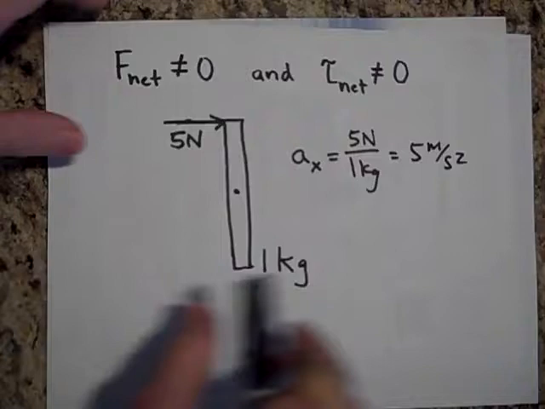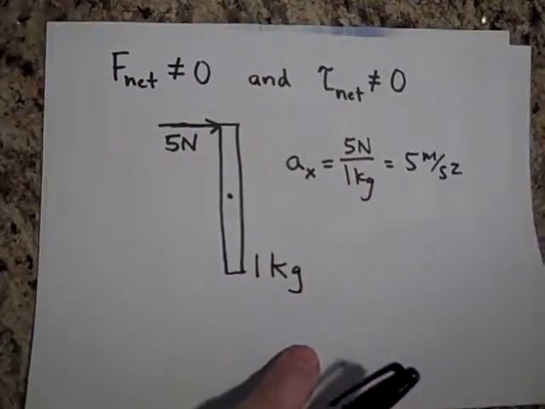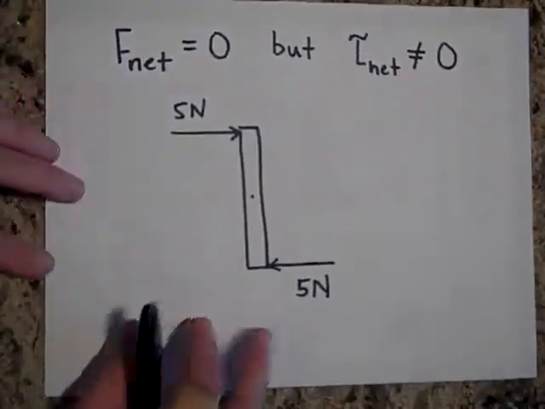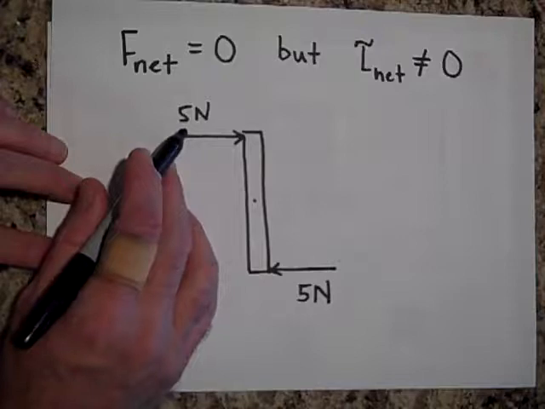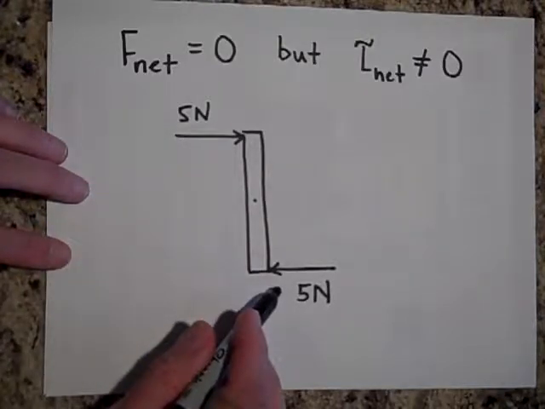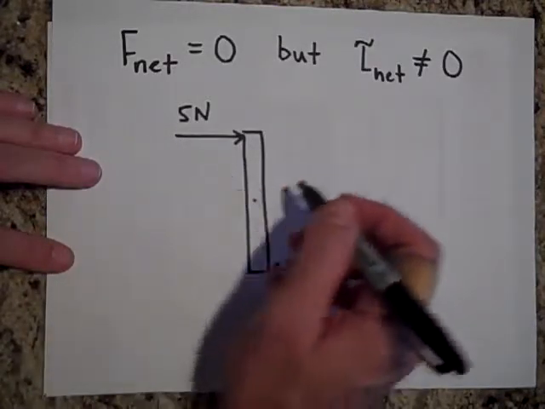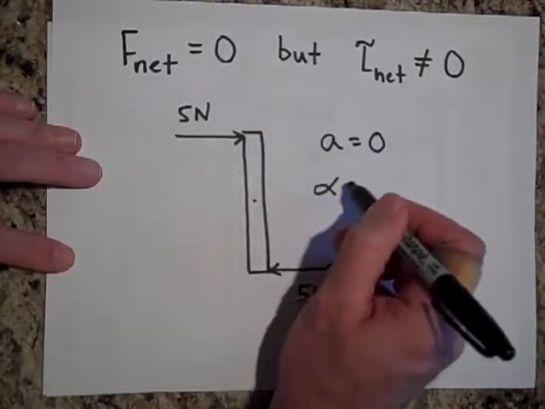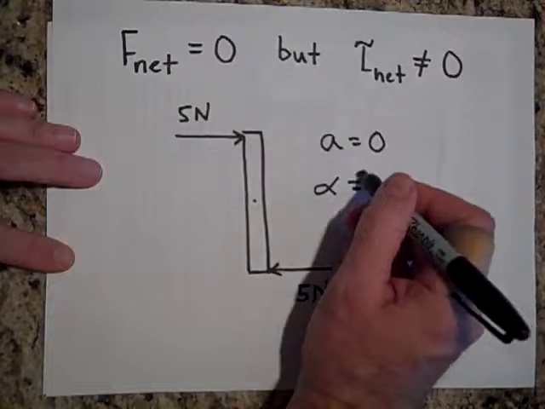Okay. Here's an example of a net force being equal to 0, but the net torque not being equal to 0. So the net force on this is, let's see, 5 newtons plus negative 5 newtons is 0 newtons. So A will be 0, but alpha is not going to be 0.